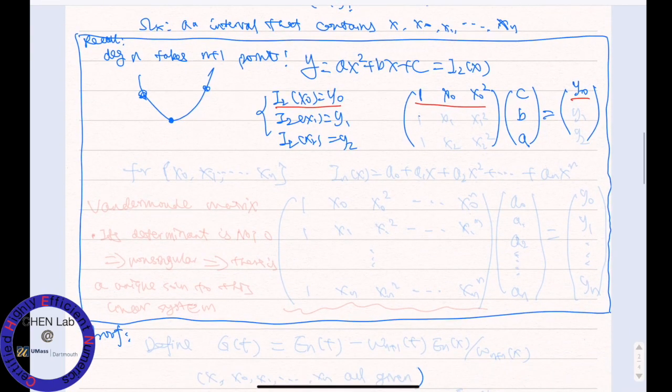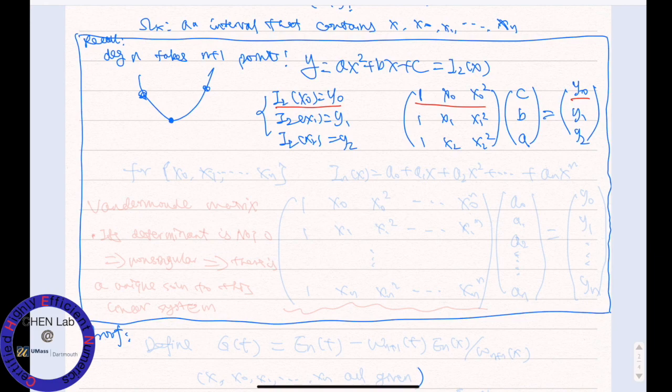And we continue, we get 1, x1, x1 squared, 1, x2, x2 squared. Here's y1, here's y2.